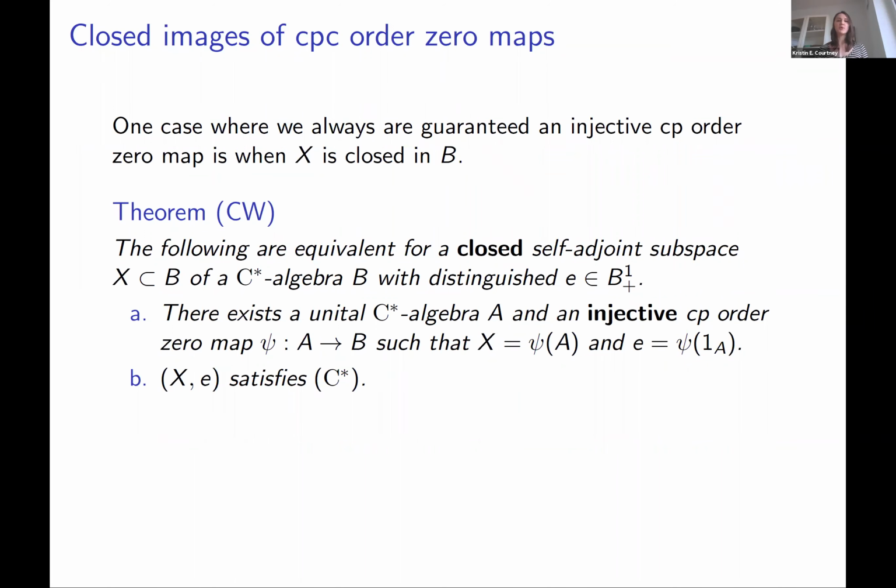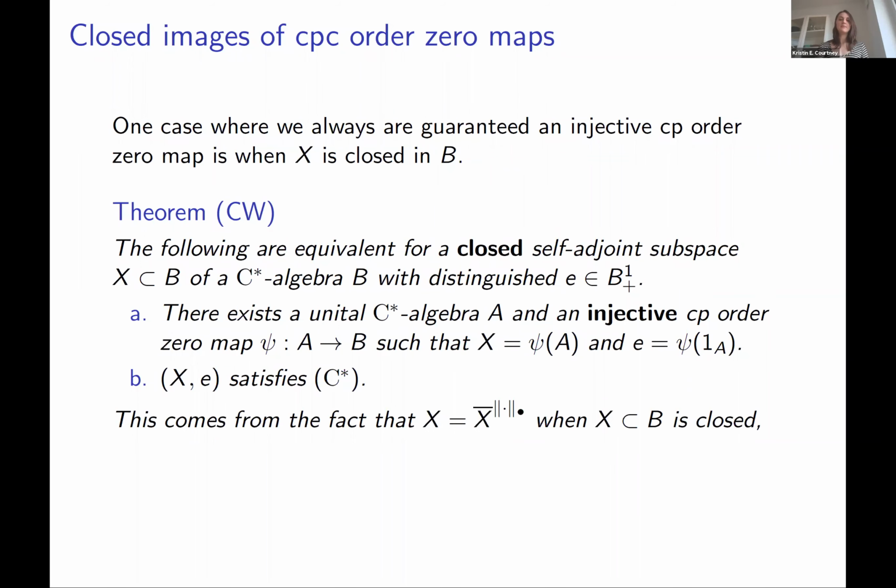I don't have to throw in the assumption that X is closed in the bullet norm, because remember I mentioned that if X was already closed in B, then it's automatically closed in this bullet norm. So once we assume that X is actually closed in B, we get a much more robust theorem. Yeah, this comes from the fact that X is already closed.